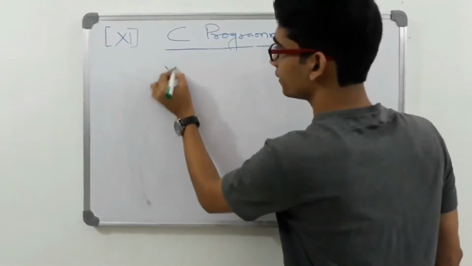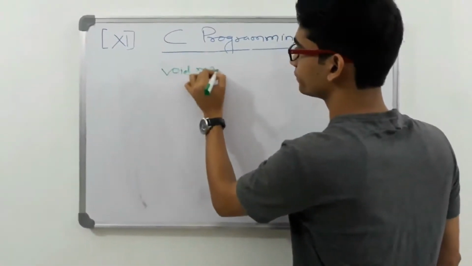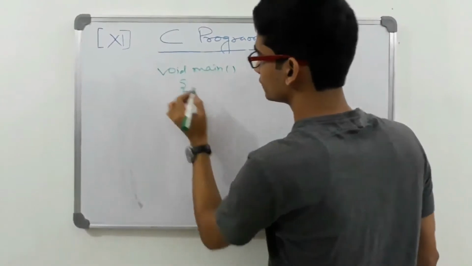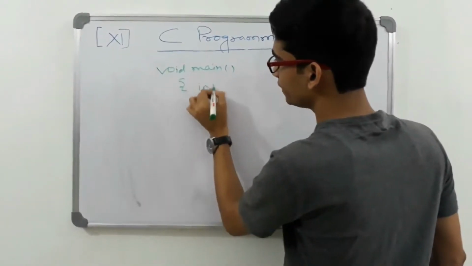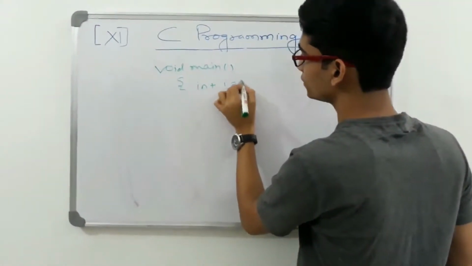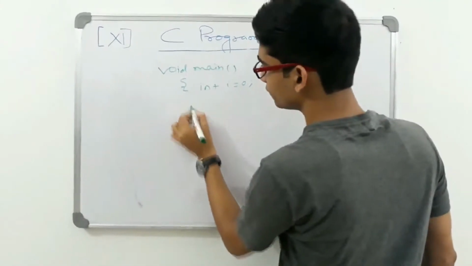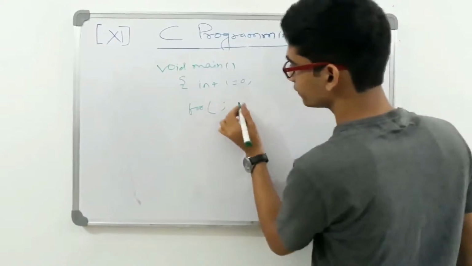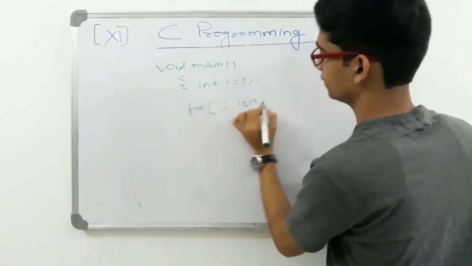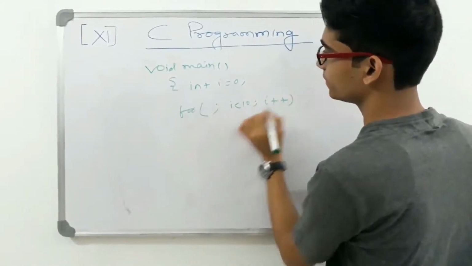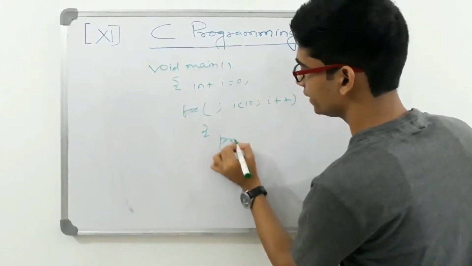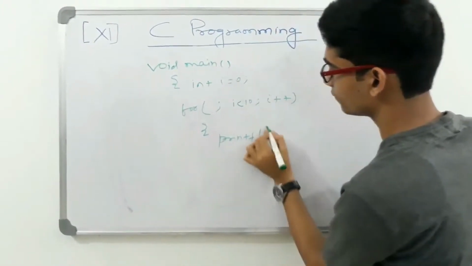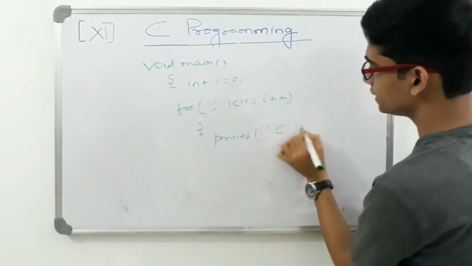Okay friends, see, I write int i = 0, and then I write for, notice here what I am writing, i < 10, i++, printf C is easy.